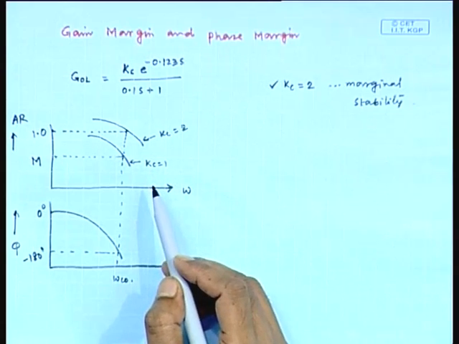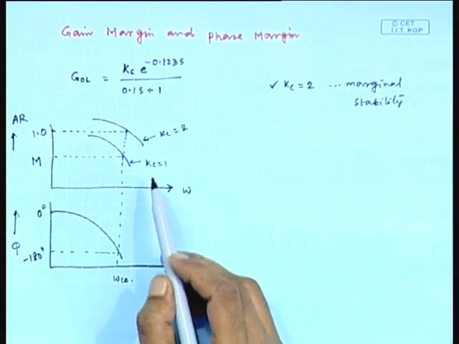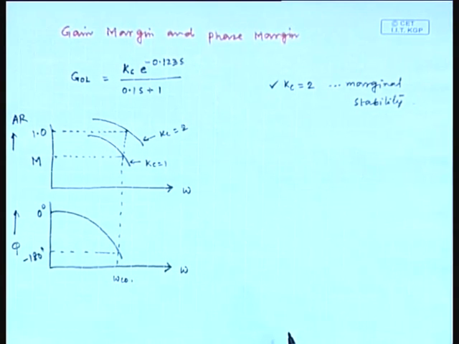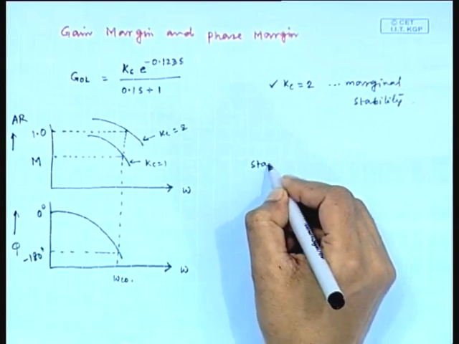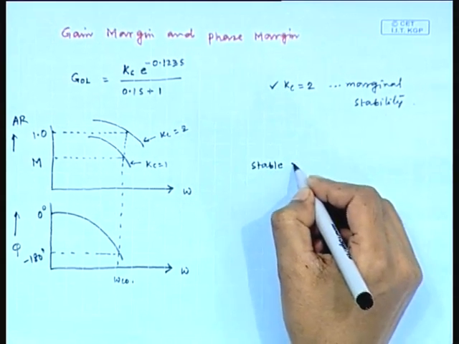So, we can say that we obtain stable response when Kc equal to 1, because at crossover frequency amplitude ratio is less than 1.